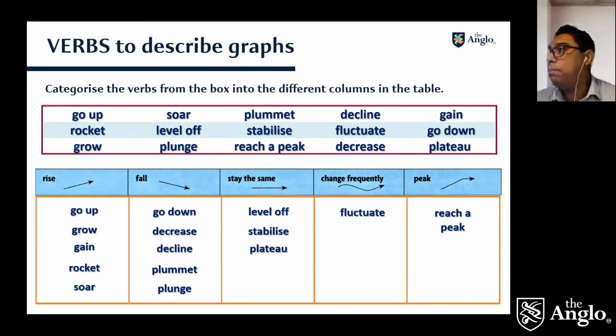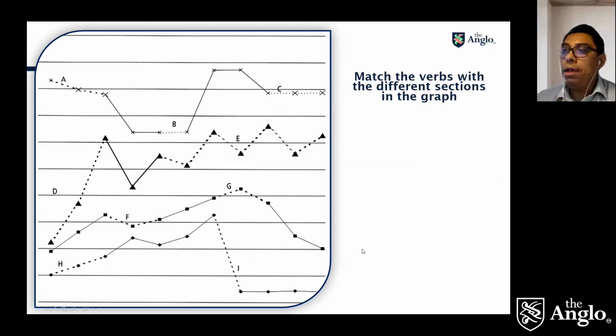Okay, here we go. Now, let's practice a little bit. In the previous slides, in the first one with the pictures, there was just a very small arrow indicating one change. Now I give you some verbs. Now we have longer lines.